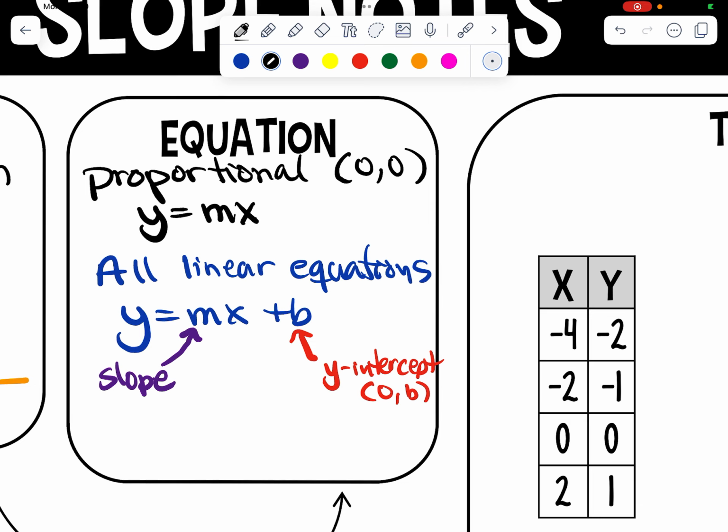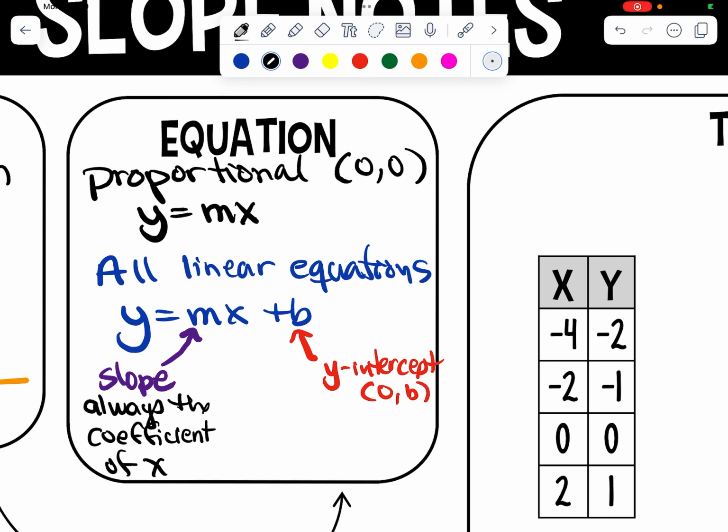Now I want you to remember that for when you're looking at the slope, it is always the coefficient of x as long as it's y equals.